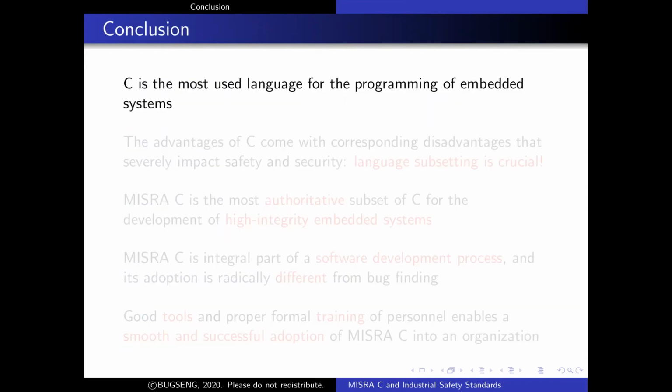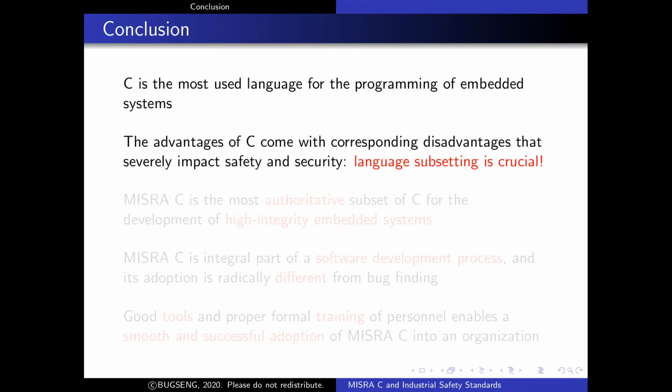So, conclusion: C is the most used language for programming of embedded systems for very good reasons. The language has advantages and corresponding disadvantages. So the only sensible way to deal with it is by language subsetting.